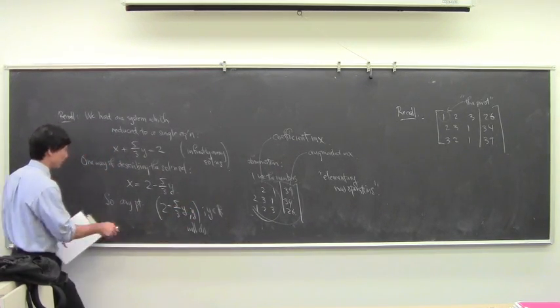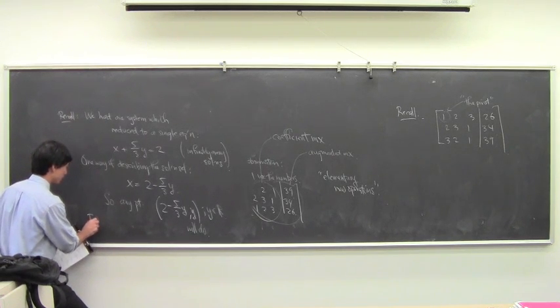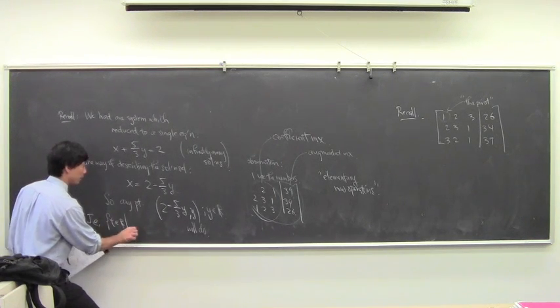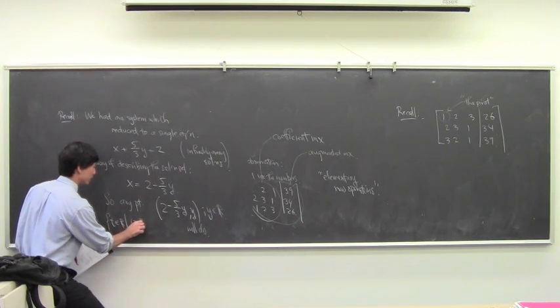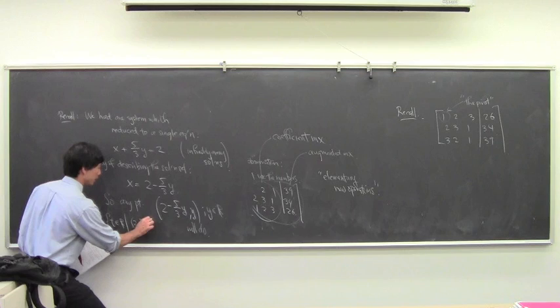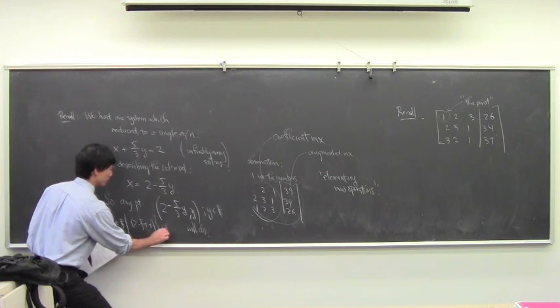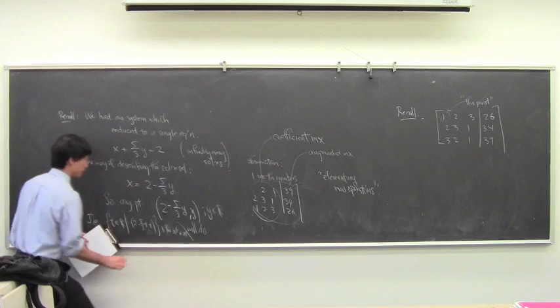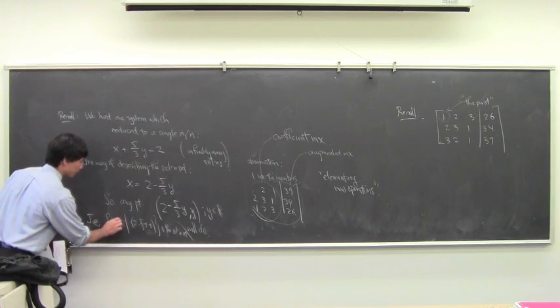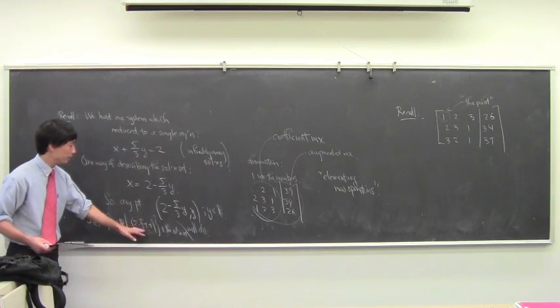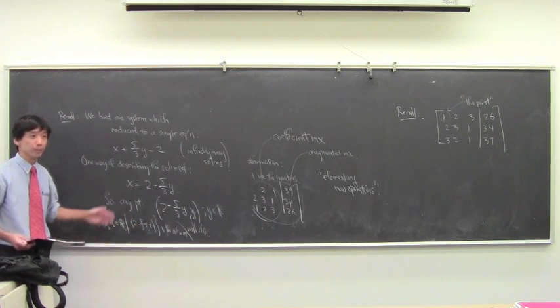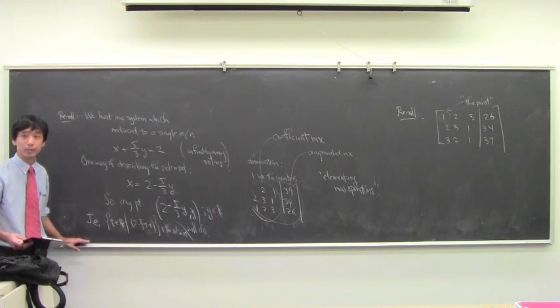So if I take any t, the points (2 minus 5/3 t, t) form the solution set. When I look at all the points of the form (2 minus 5/3 t, t), as t ranges over the real numbers, that's the solution set.